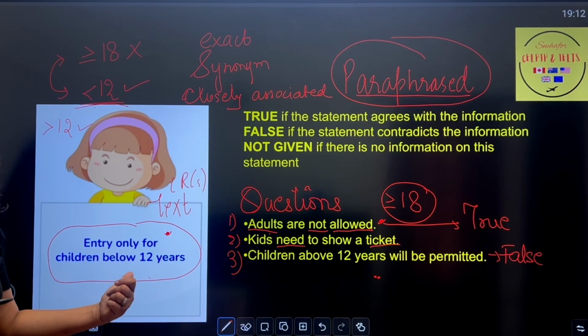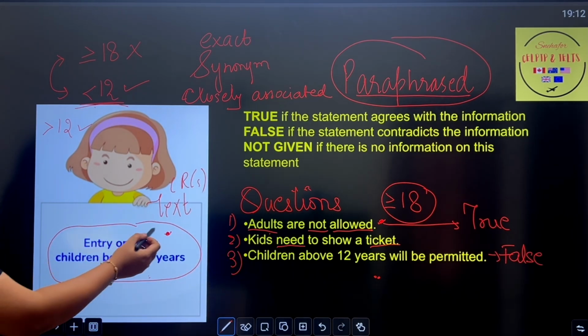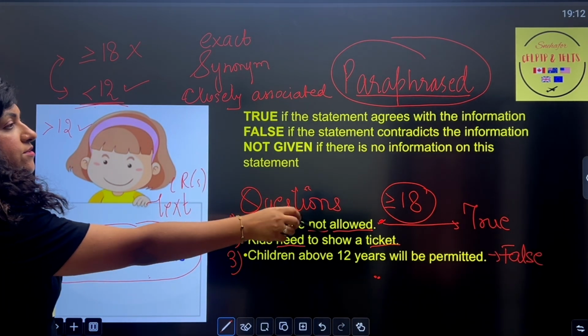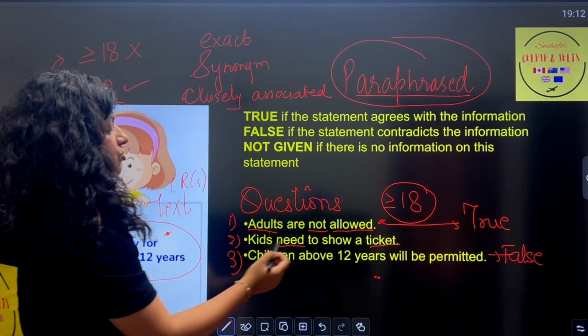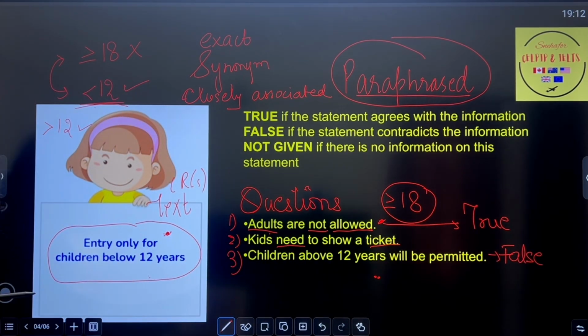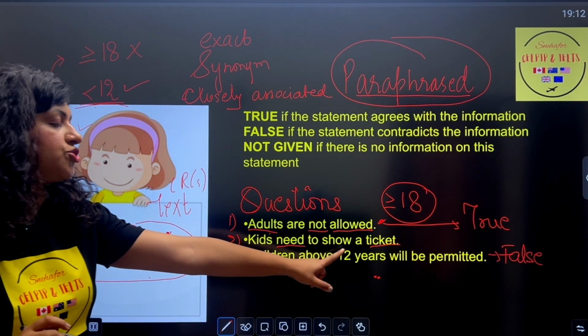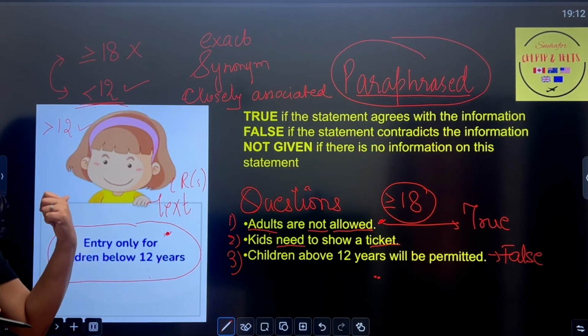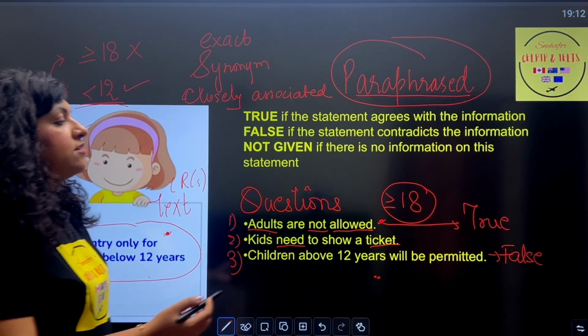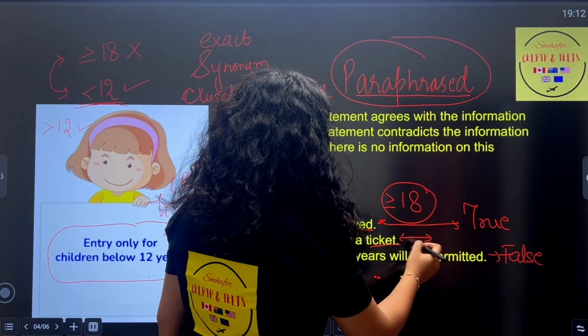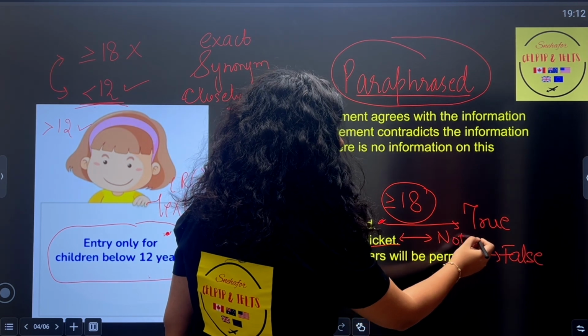Not at all. It's only talking about permissible age for the entry, right? So my text does not talk about any information related to the question. The information of the question is not at all present in the text. That is why here my answer would be not given.